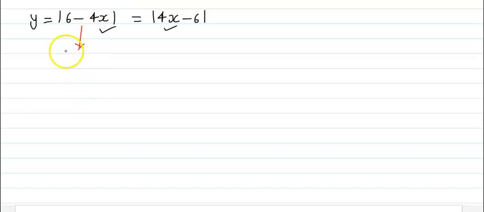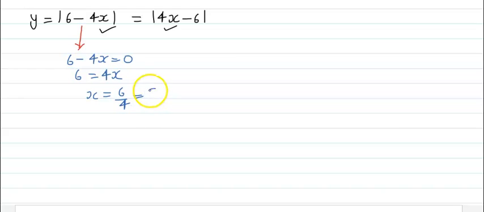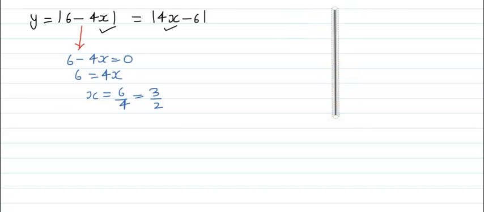Yeah, so let's find the critical point where it is 0. So 6 minus 4x equal to 0. 6 is 4x, x is 6 over 4, and once you simplify, you get 3 over 2. Okay, so let's sketch it. It is advisable, you can always sketch the graph.